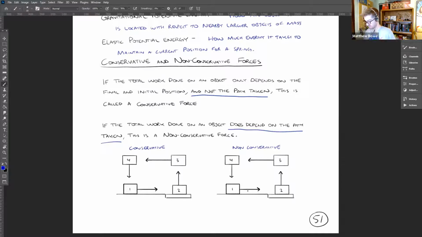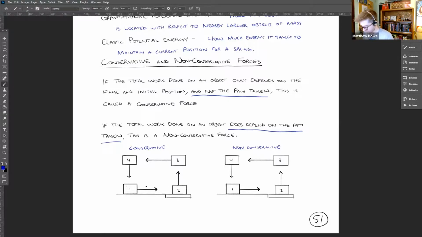Okay, so it's the same exact amount of force, I'm just applying something slightly different on each of them. So for this conservative path, it's saying that the path does not matter. Let me describe this picture.